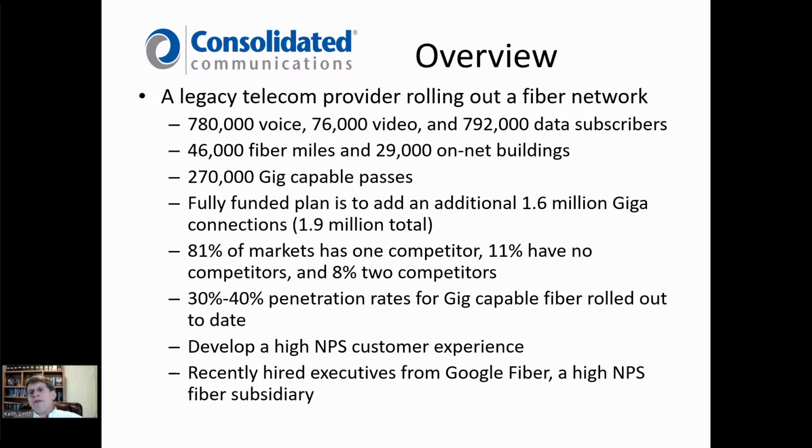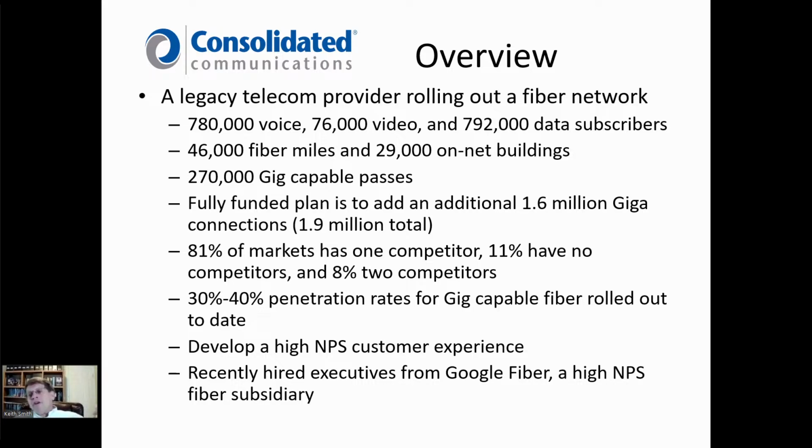And so Consolidated has accelerated their rollouts. Over the next 4 years, they're going to have almost 1.9 million total homes passed that are fully gigabit capable in terms of being able to provide that connectivity to customers.